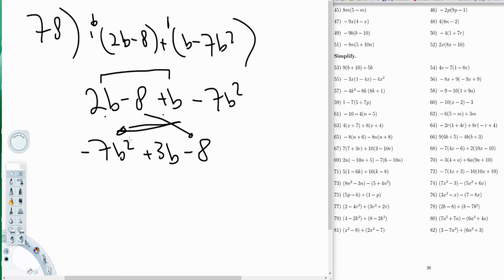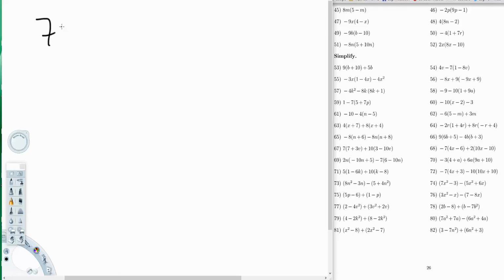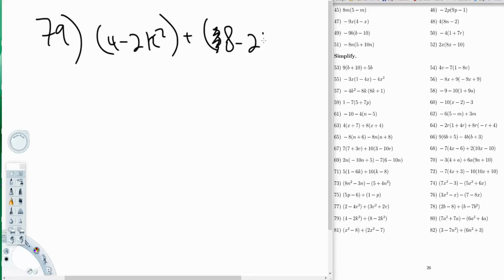Moving along to 79. I think you guys are getting the hang of this. 4 minus 2k squared plus 8 minus 2k squared. All right. So once again, same thing.